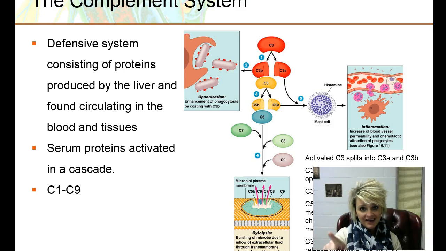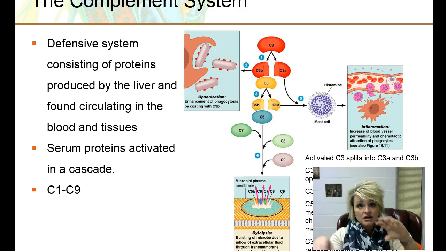And the reason why is because of what happens when complement 3 is activated. If you take a look at this picture on your screen, this is what happens after C3 gets activated, and then I'll come back and talk about its activation. When C3 gets activated, it splits, just like breaking in parts, into C3b and C3a.